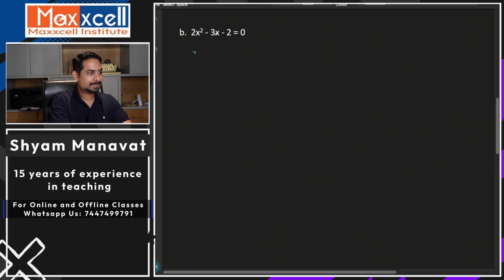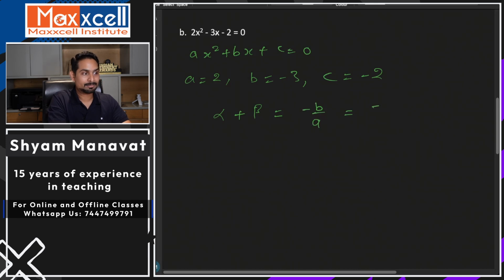So again, comparing with ax square plus bx plus c equals to 0, I will write here a, which is the coefficient of x square, b, which is the coefficient of x, c, which is the constant term, and then I will say if the roots are alpha and beta, then the sum of roots is equal to minus b upon a. In this case, it's minus of minus 3 upon a, which is 2.